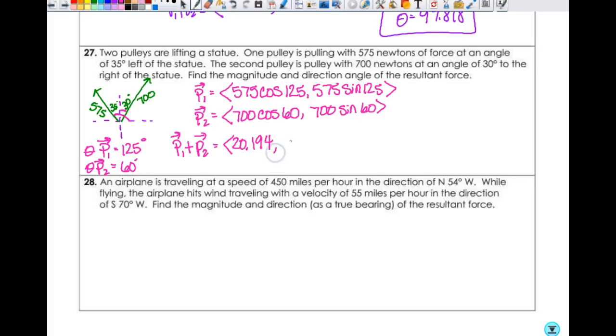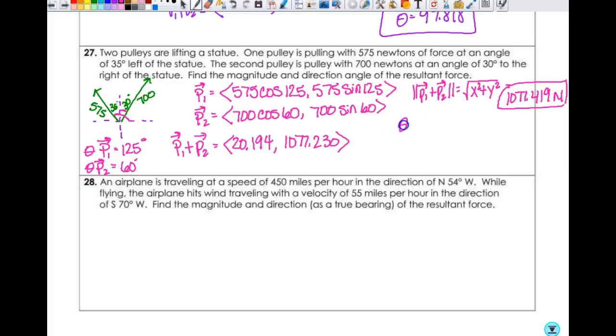And you will get 20.194 and 1077.230. Right? So I want the magnitude. Magnitude of pulley 1 plus pulley 2 is equal to the square root of x squared plus y squared. And you get from that 1077.419 newtons.